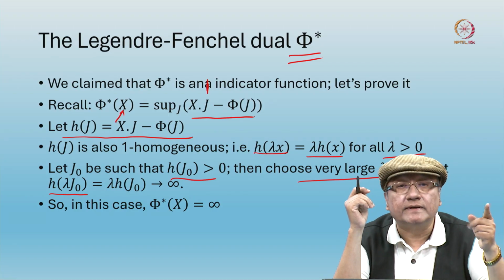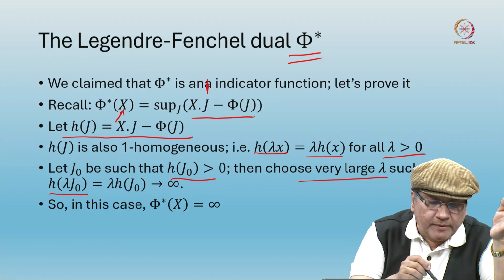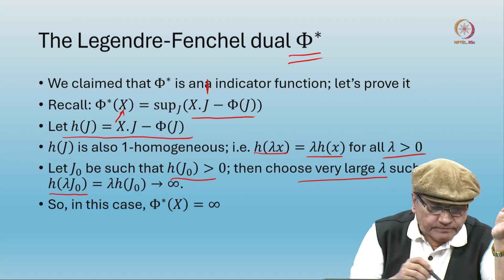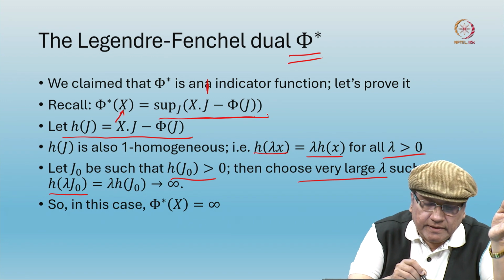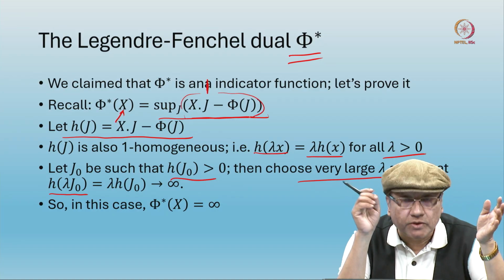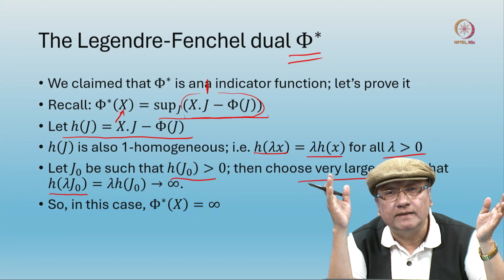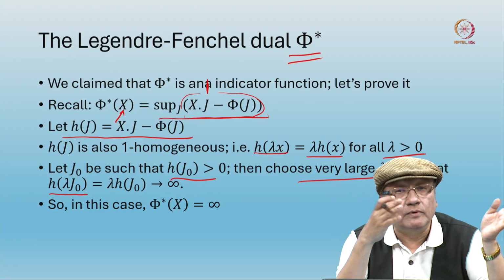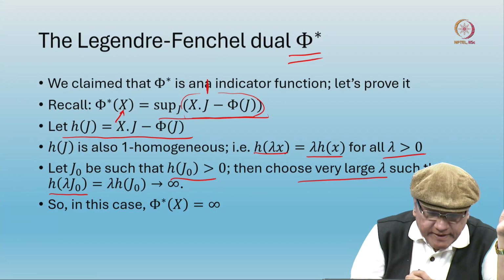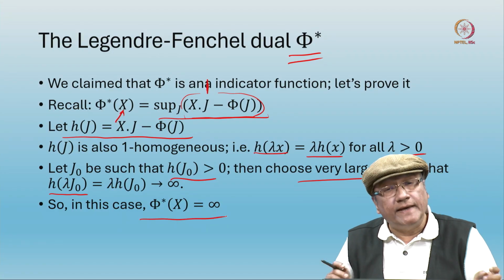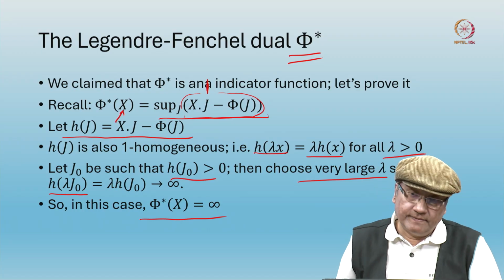So, in this case, the supremum of h of j, because that is the argument of the supremum, is infinity. If h of j goes to a very large value, then its supremum over all possible choices of j should be equal to infinity. Therefore, in this case we get phi star x equal to infinity.